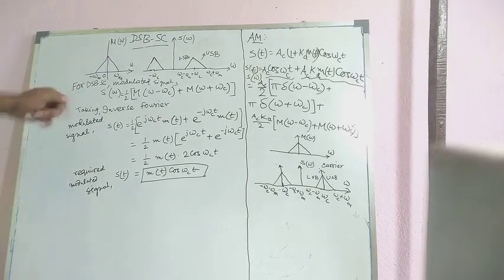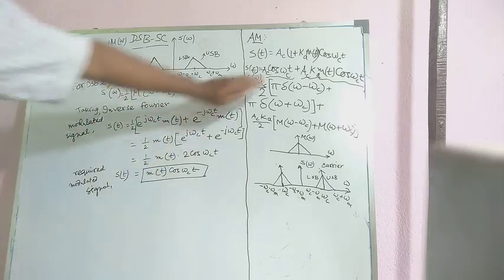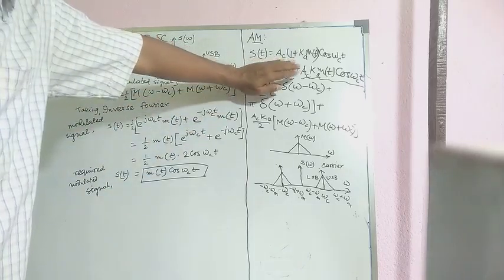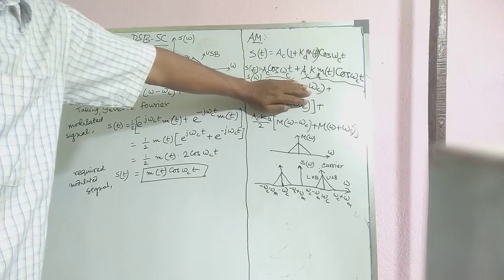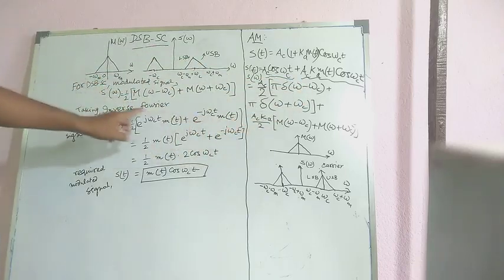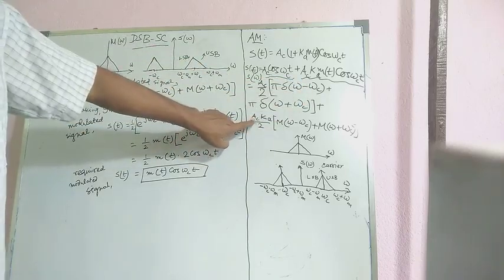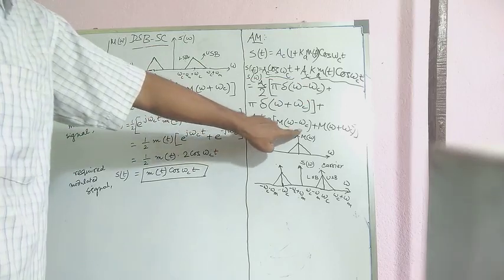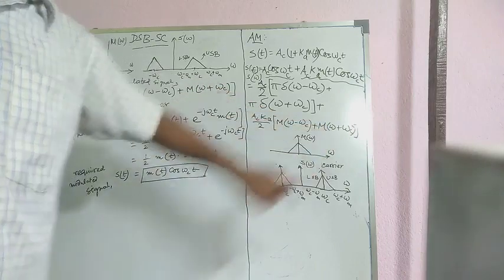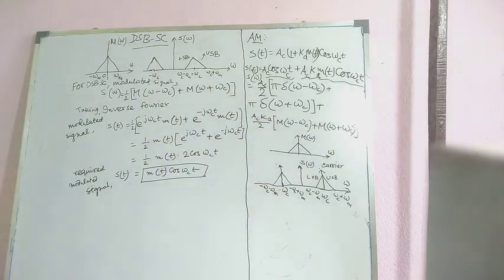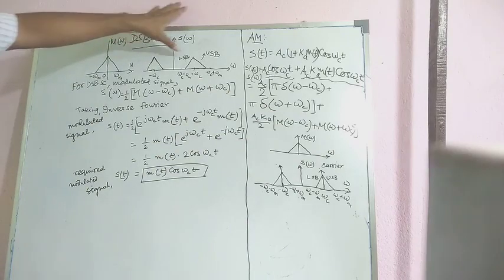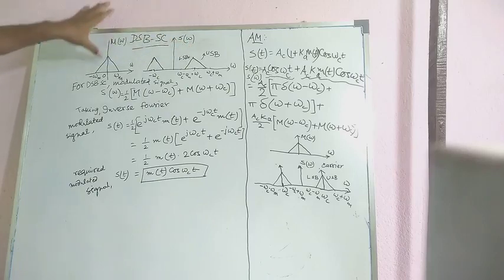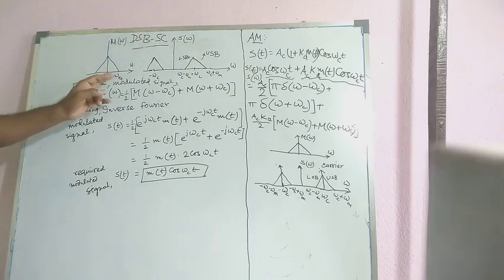Therefore, if we suppress the carrier part, its components in the frequency domain will also be suppressed. So what will remain is Ac Ka by 2 times M(omega minus omega c) plus M(omega plus omega c). That means we want to send M(omega plus omega c) and M(omega minus omega c), where M(omega) is a band limited signal with bandwidth omega m.